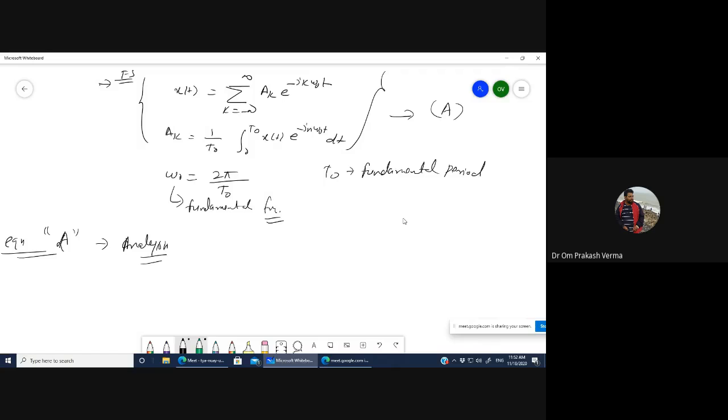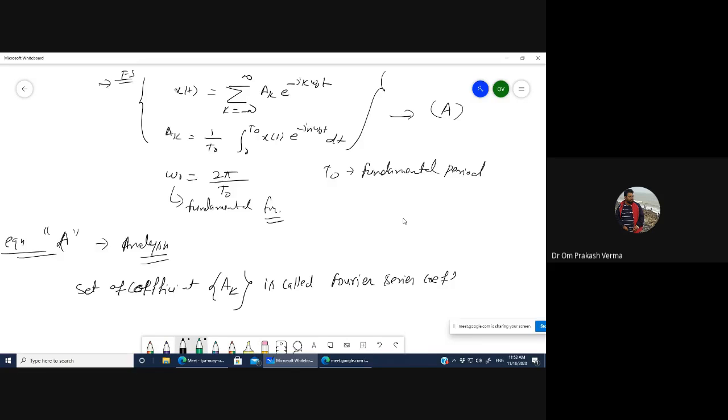This equation A is very important for the analysis purpose. How do we do the analysis? Whatever set of coefficients we get is represented in this form, the set {a_k} in curly brackets, and it is called the Fourier series coefficient.